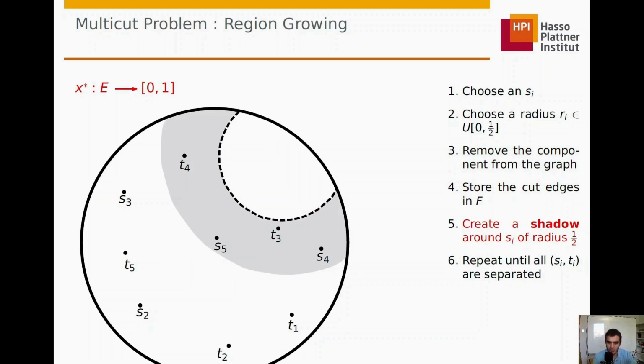This shadow is not random, this shadow just shows how big this cut could have been. So Ri is chosen between 0 and 1/2, and the shadow is directly 1/2. So this Ri that started in S1 here and went somewhere between 0 and 1/2 could have been as big as this. The shadow is just as big as the cut could have been, in theory.